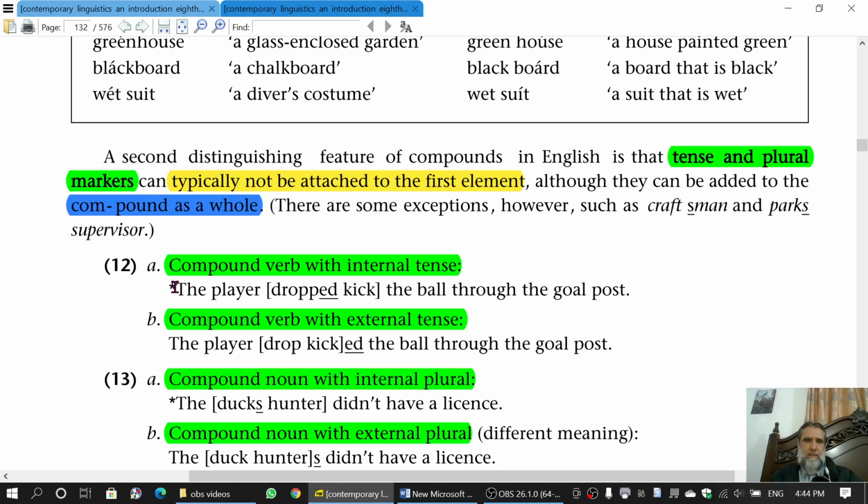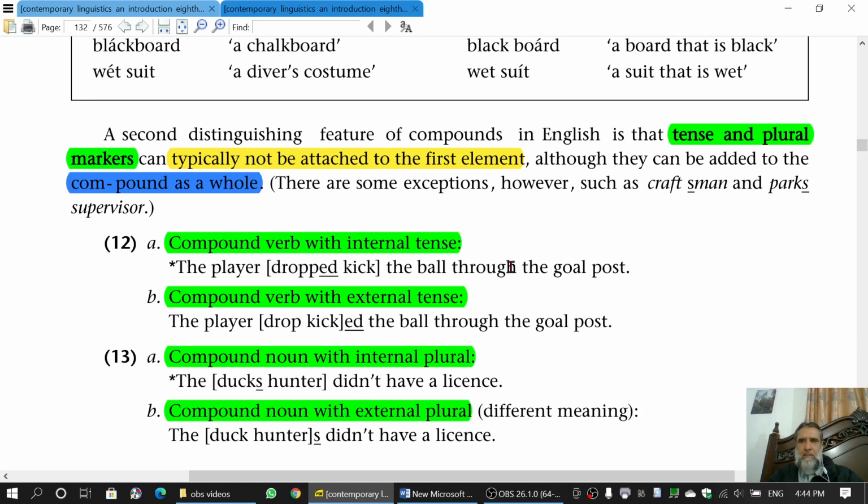This asterisk tells you that this is a dubious sentence and it is a wrong sentence. So that internal tense is not used here. However, we use the tense marker with the whole of the compound, with the whole of the compound noun.